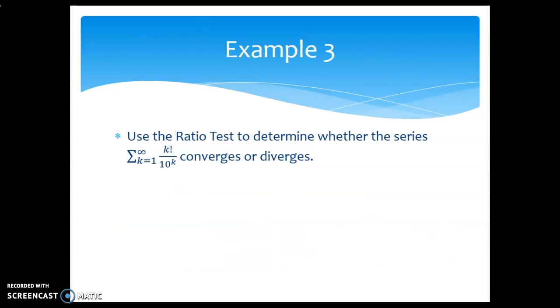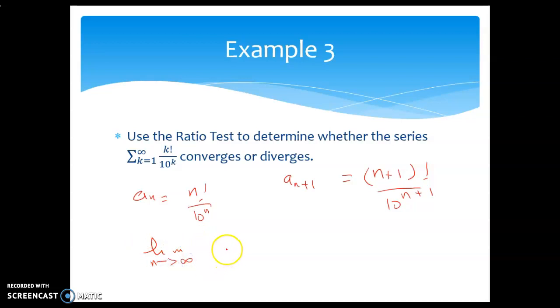To determine with the ratio test whether the series a of k converges or diverges, we're going to find a of n. a of n at this point is equal to n factorial over 10 raised to the power of n, and then a of n plus 1 is equal to n plus 1 factorial over 10 raised to the power of n plus 1, and then we take the limit as n goes to infinity of that.